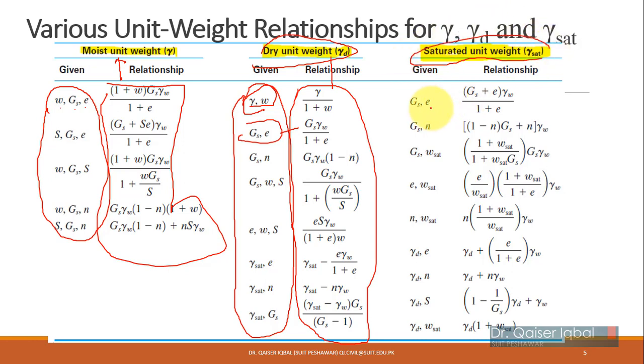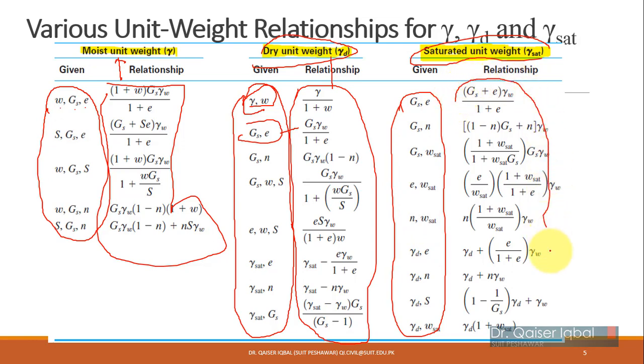Specific gravity you can determine in the laboratory. Similarly, void ratio, porosity and moisture content can be easily determined in the lab. So if you have these properties and want to determine the saturated unit weight, you will be using the following relationships. Keep them with you, maybe they will be available to you in the examination as well.